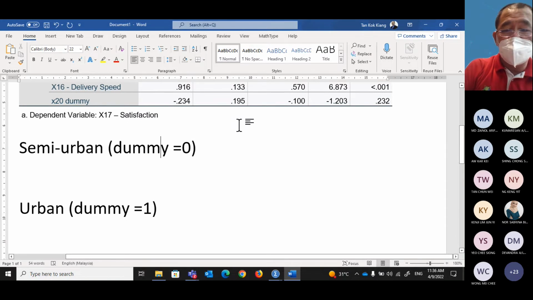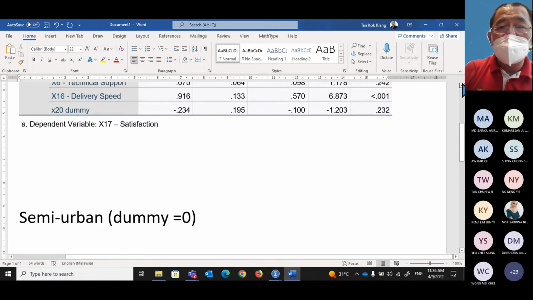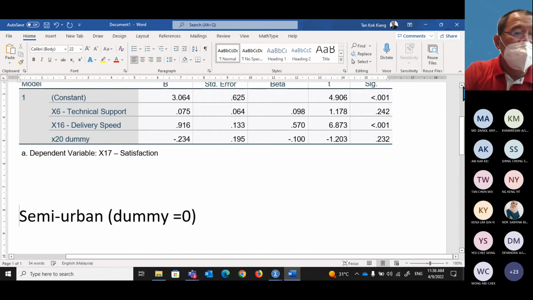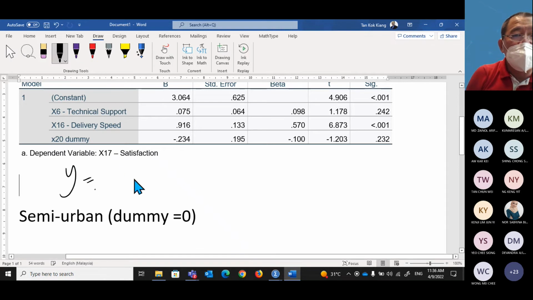We see first the basic one, I mean from the output. How to write out the equation from the output is still the same. Then we see the semi-urban and also the urban.